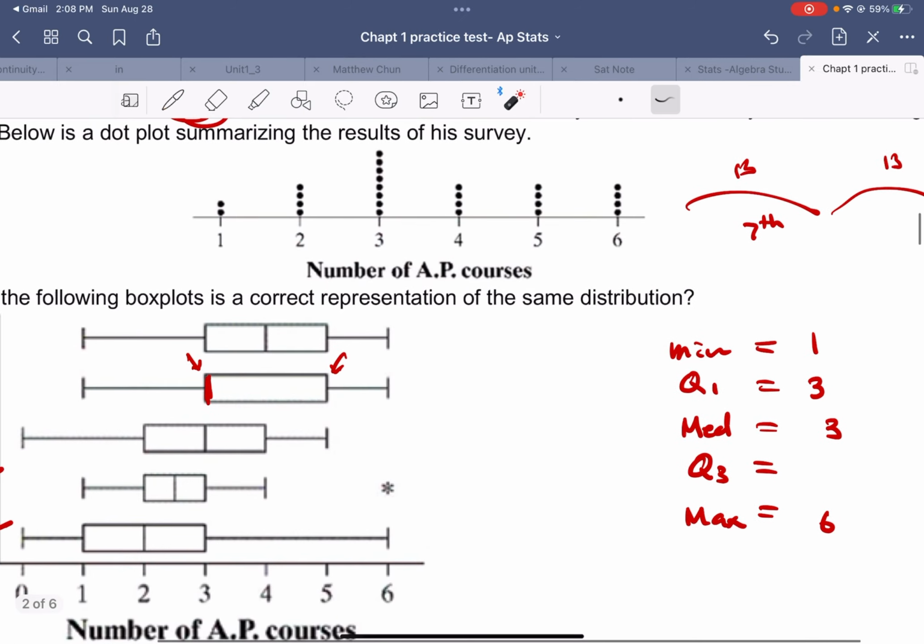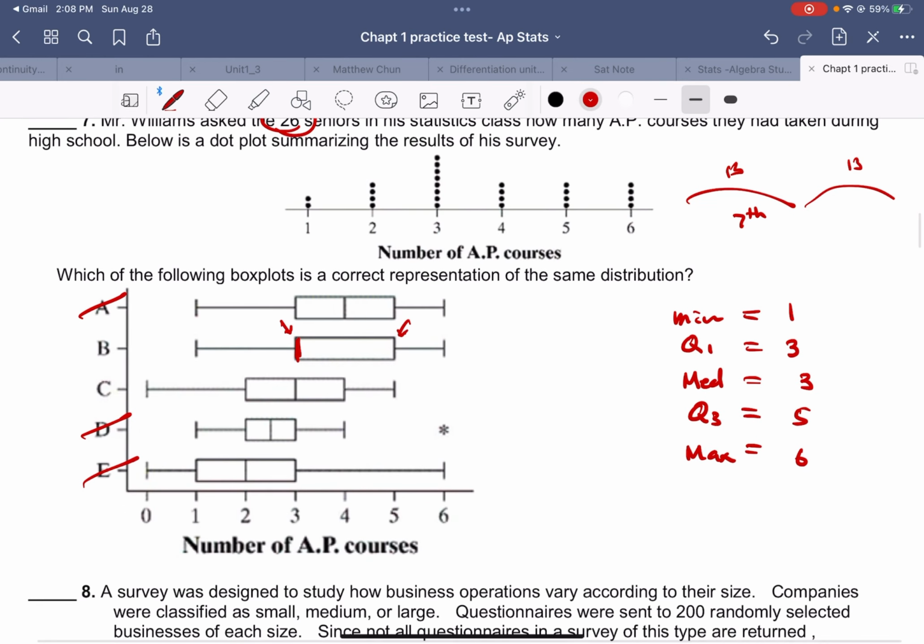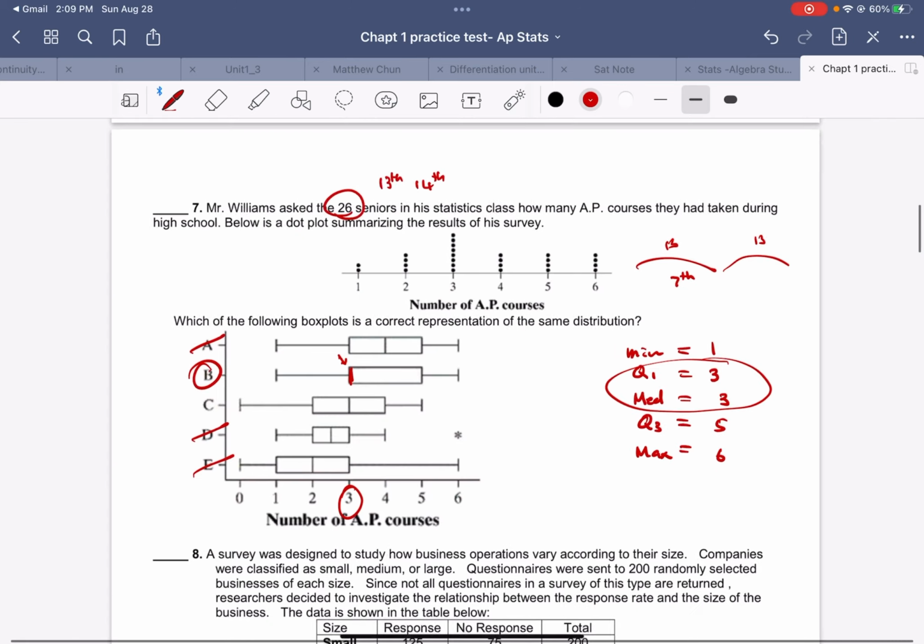Now, the 7th one from the largest one, 1, 2, 3, 4, 5, 6, 7. So your third quartile is 5. Okay? So those are the values. Since the median and quartile 1 are the same, the answer should be this one. So this 3 is the first quartile and, at the same time, the median. So the answer is B. Okay.